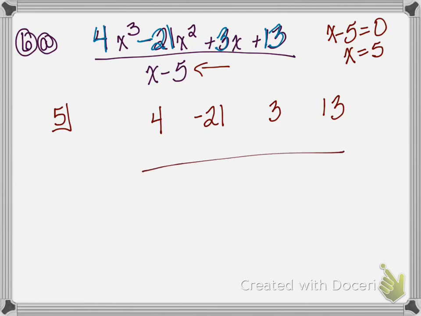Okay, so my first step, I bring down the 4. 5 times 4 is 20.